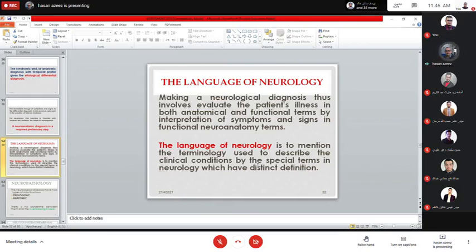Instead of saying there is weakness in the lower limb, and I examine the upper limb and there is no weakness in the upper limb, in one word: paraplegia. So this is the language of neurology, which directly gives the listener your impression.